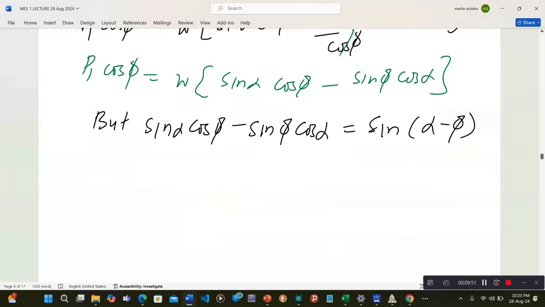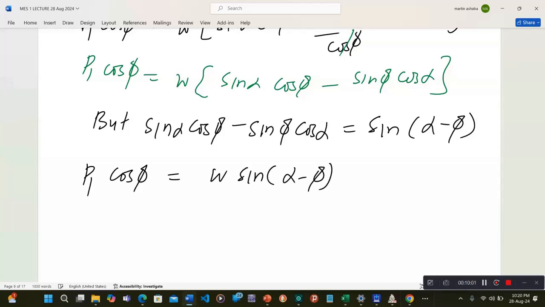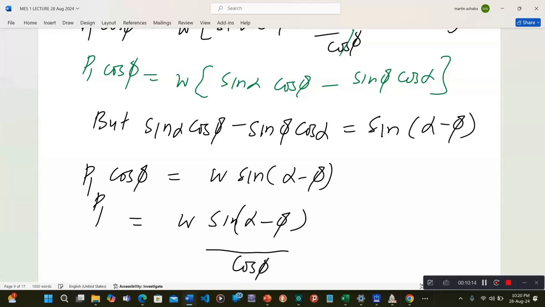So I put it up there. P1 cos phi will equal W sine into alpha minus phi. Therefore, P1 is going to be W sine alpha minus phi, everything out of cos phi.